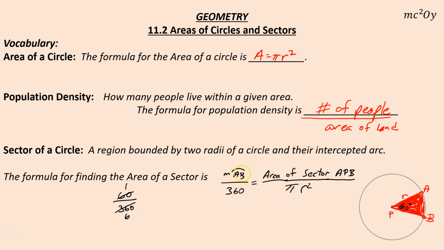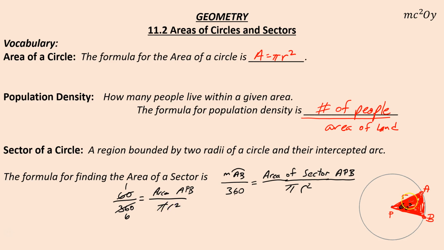So in this case, 1/6 would be equal to the area of sector APB over pi r squared.